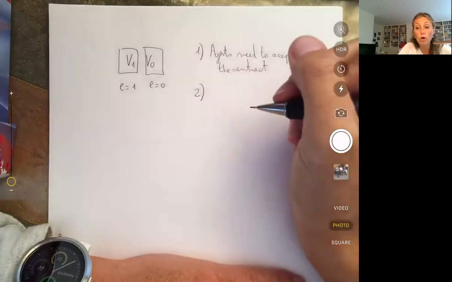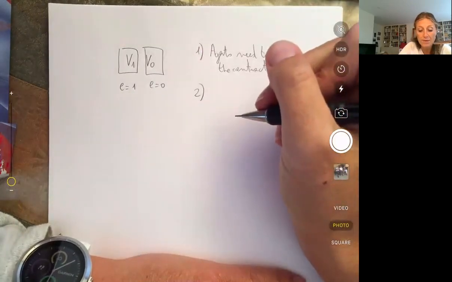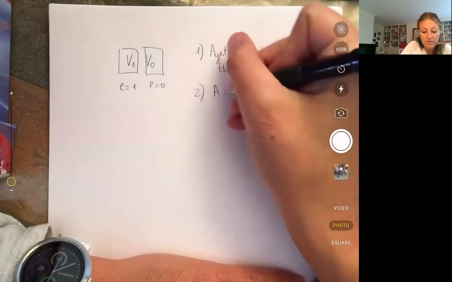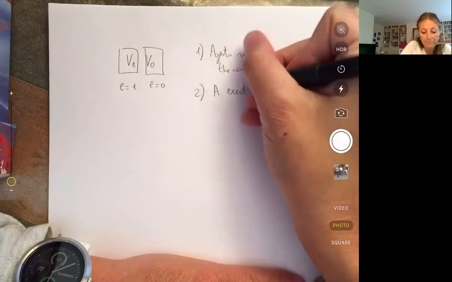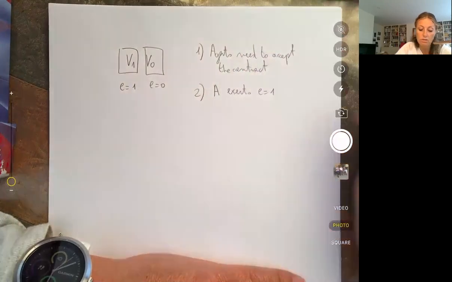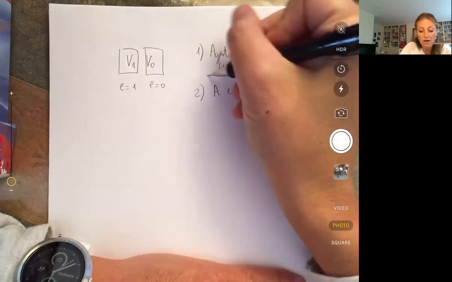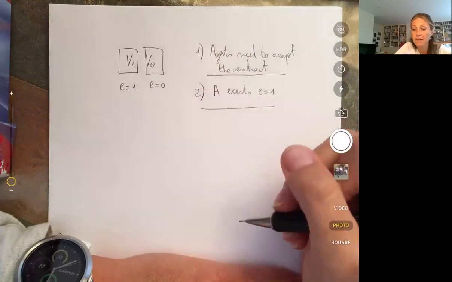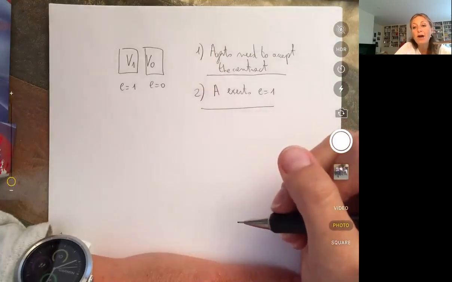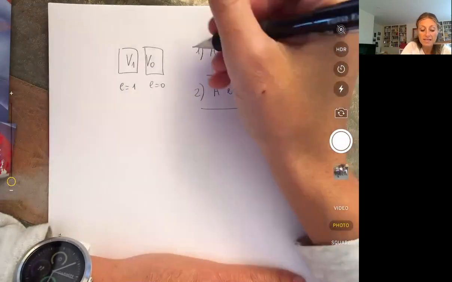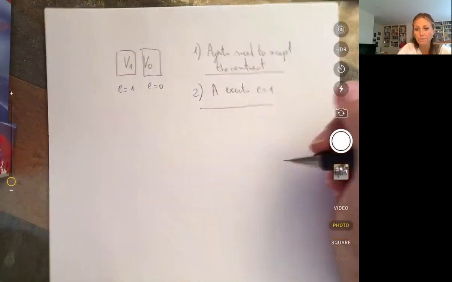And the second is, once he has already decided to accept, that the agent exerts E equal to 1. These are the two crucial elements. So how does the principal achieve and satisfy these two conditions?